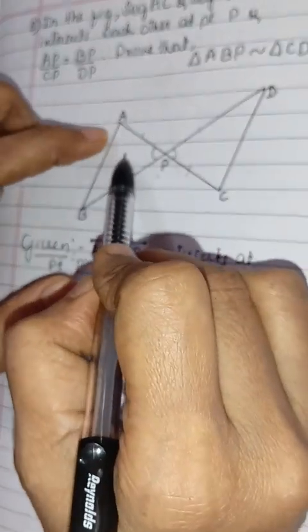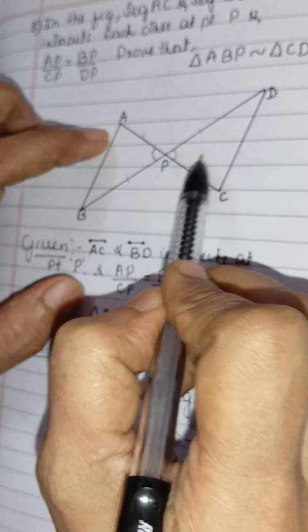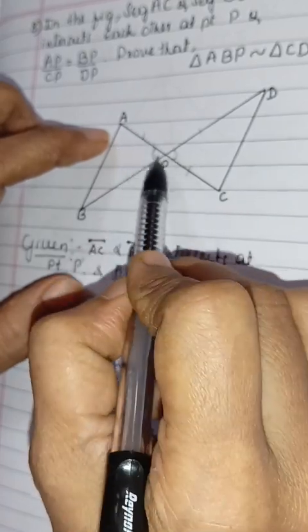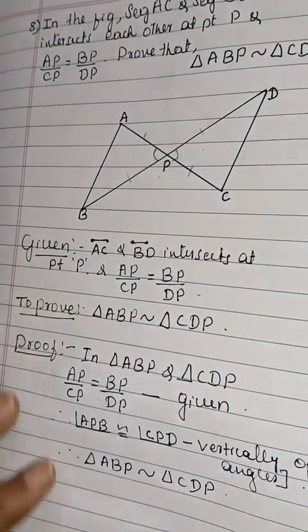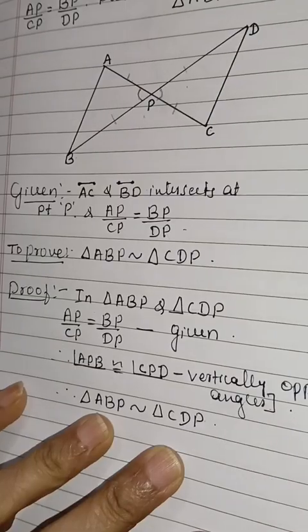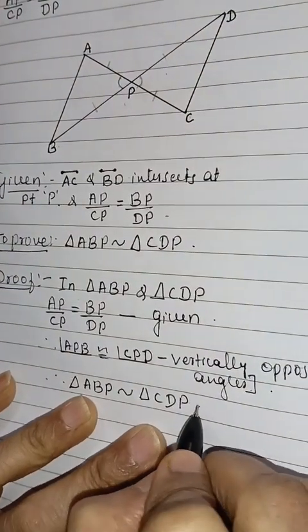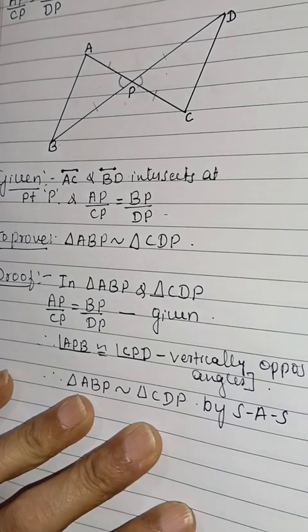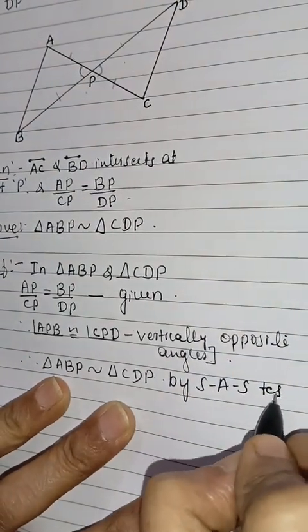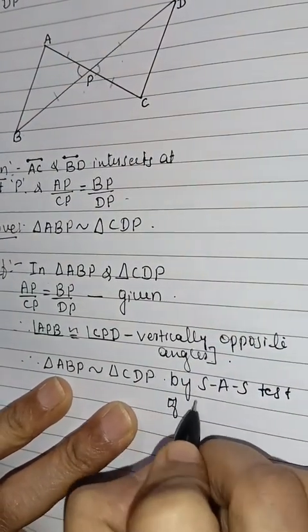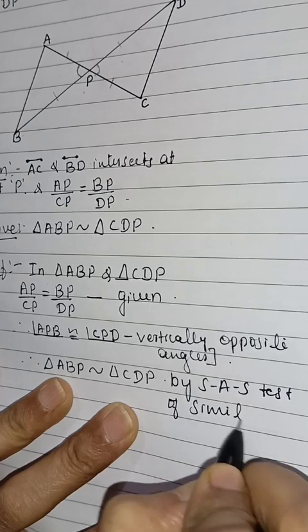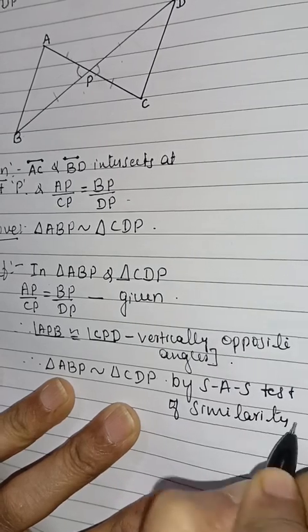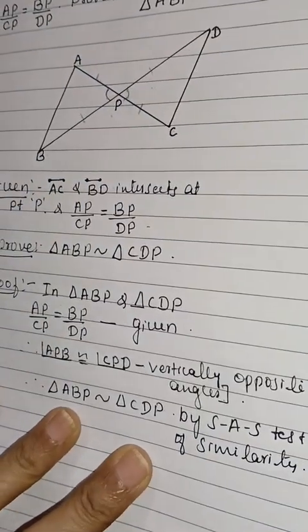Therefore, these two triangles are similar by SAS test of similarity.